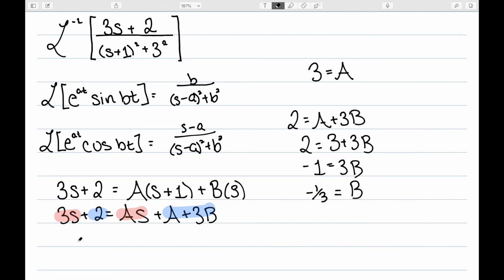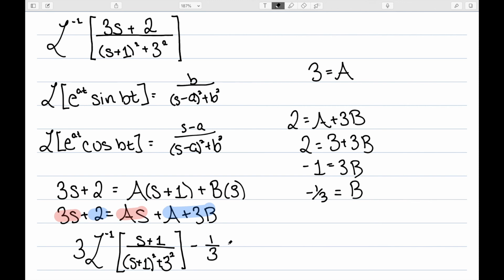So I'm going to rewrite this as 3, which was my capital A, times the inverse transform of s plus 1 over s plus 1 squared plus b squared, or plus 3 squared, plus -1/3, which was my capital B, times the inverse transform of, that one would be of this form here, 3 over s plus 1 squared plus 3 squared.